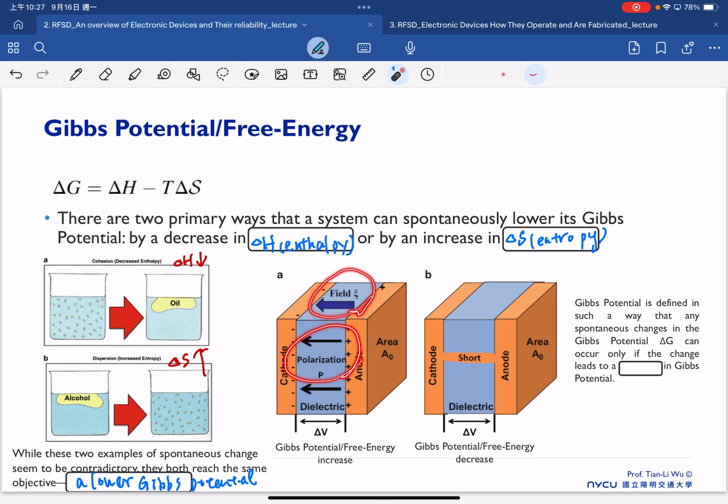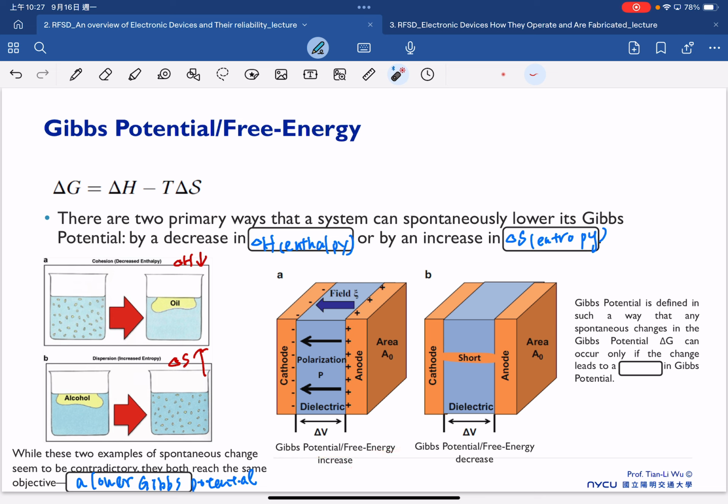But in this case, the Gibbs potential increases, and that's not what the system prefers, because the system prefers a lower Gibbs energy to reach thermodynamic equilibrium.